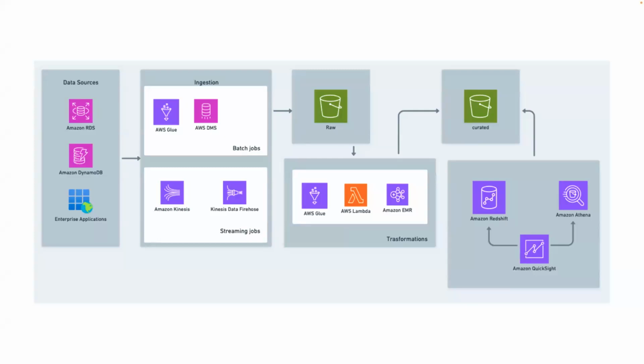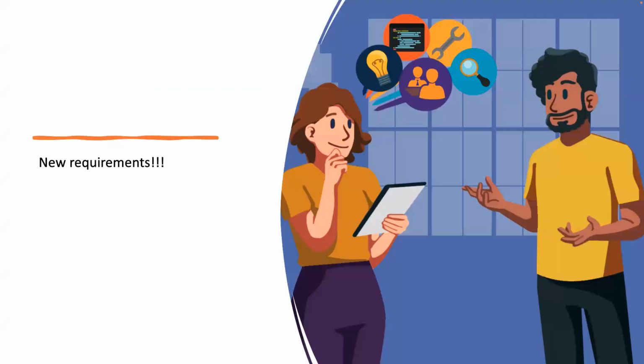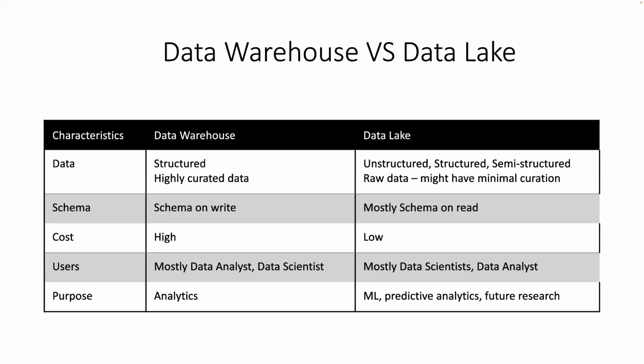An example here is that your raw bucket could be a data lake in itself, right? This is where you bring in all sorts of data and put it in your bucket. You organize it and put it in your bucket for future analysis, right? That's where the data warehouse and the data lake come in.